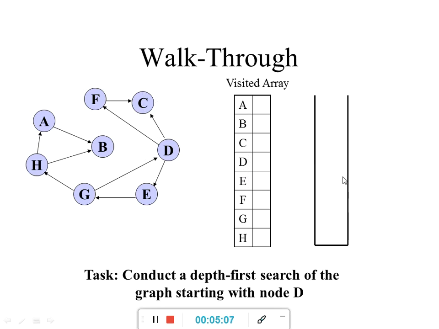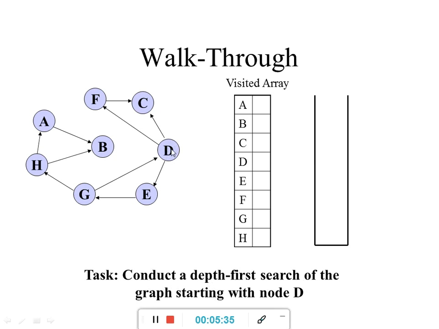In DFS we use the stack data structure, and the first step for working with DFS is that you can take any arbitrary node as your starting node. Here I have selected D as my starting node. So with D I am going to proceed.